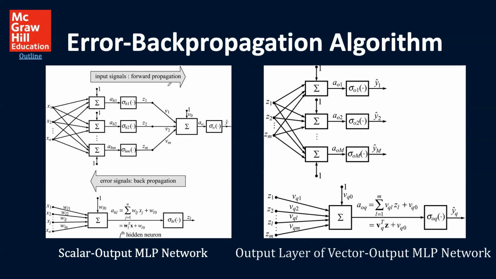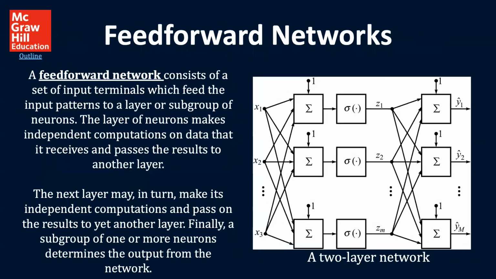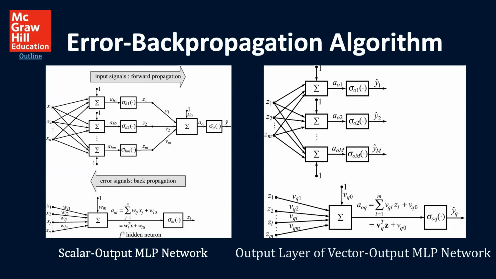First we have the forward propagation. We had the one diagram that looked a lot like this one, but this is now just focusing on one outcome that we're trying to identify, with the result of all of these different inputs. Then the error signal back propagation.